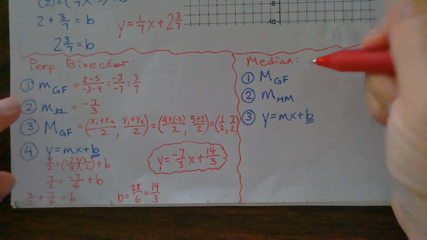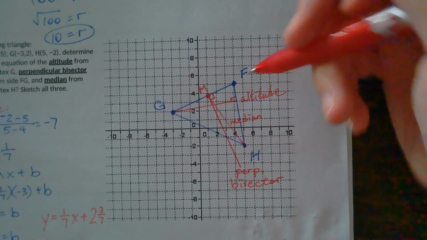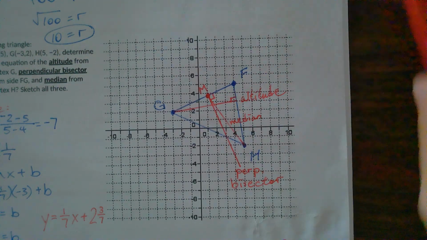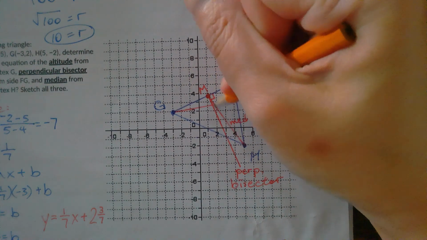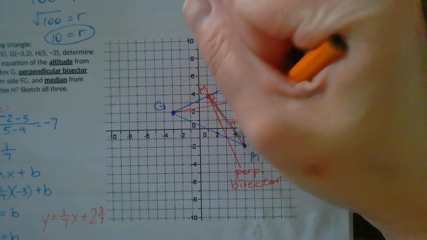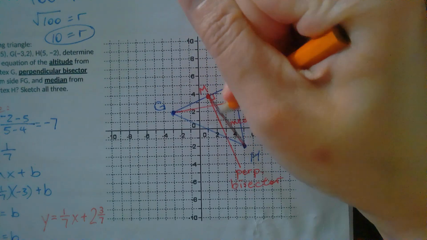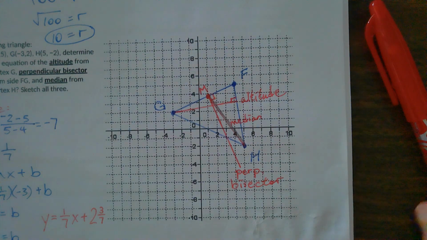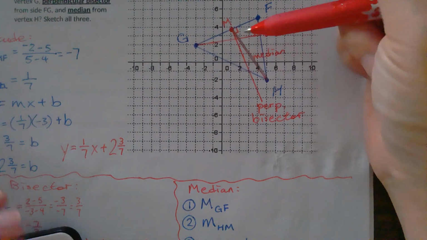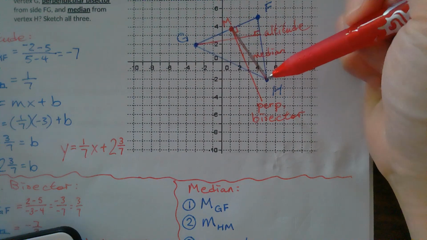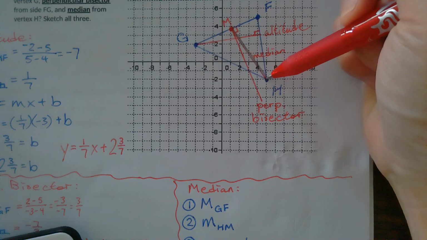Okay. For median, to find a median, you're looking at this line right here. I'll shade it in here so that you guys can see it better. This right there, that's your median. A median goes from a vertex to the midpoint of the opposite side.